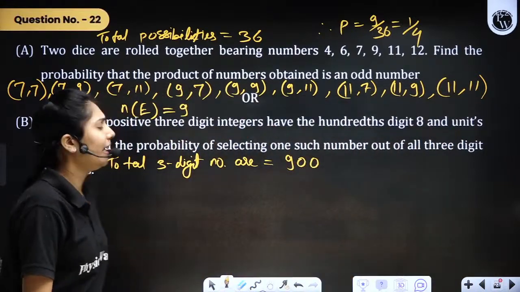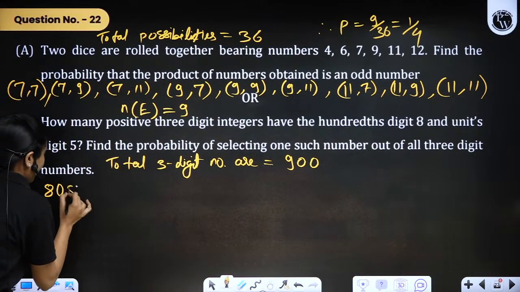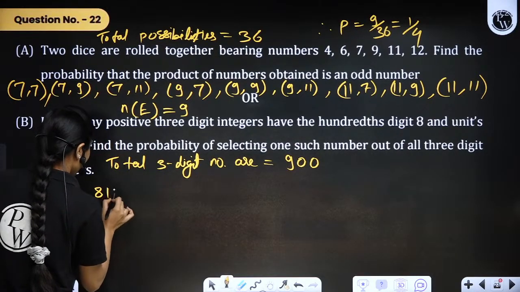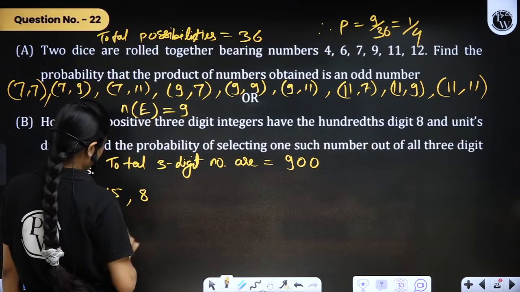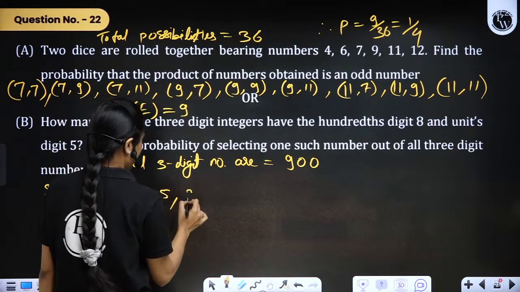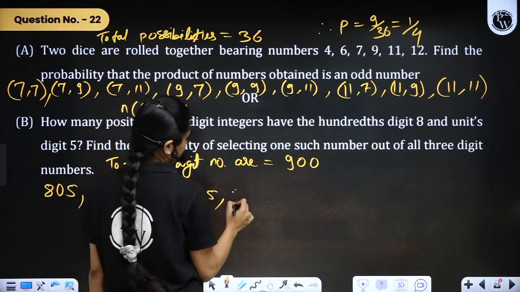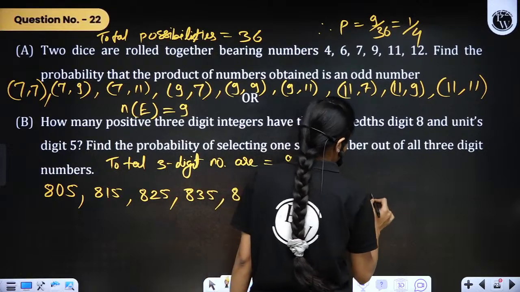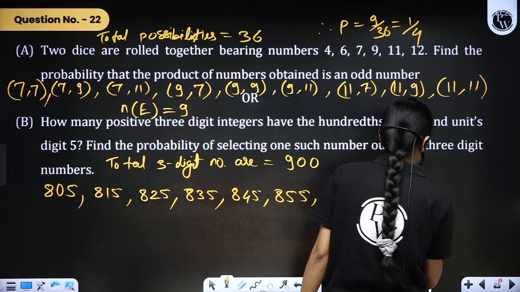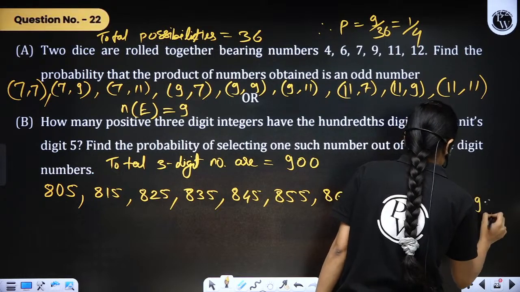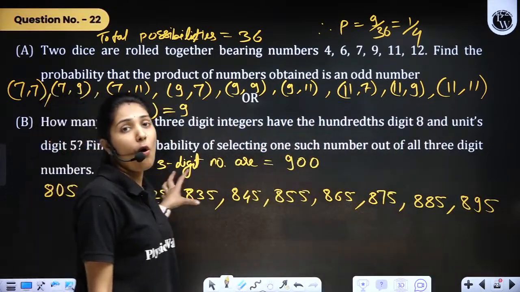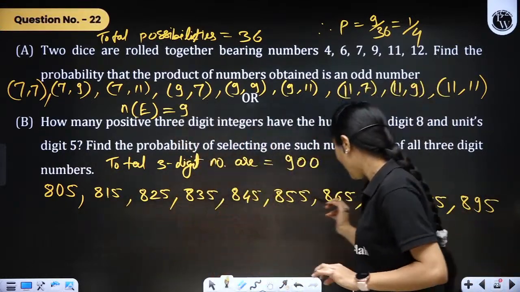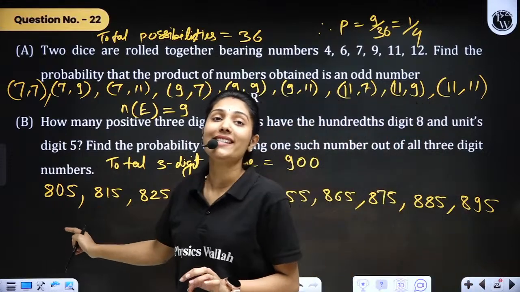So starting with 805, the next number will be 815, then 825, then 835, 845, 855, 865, 875, 885 and 895. Okay, so in all these 3-digit numbers, the unit place is 5 and the 100th place is 8.